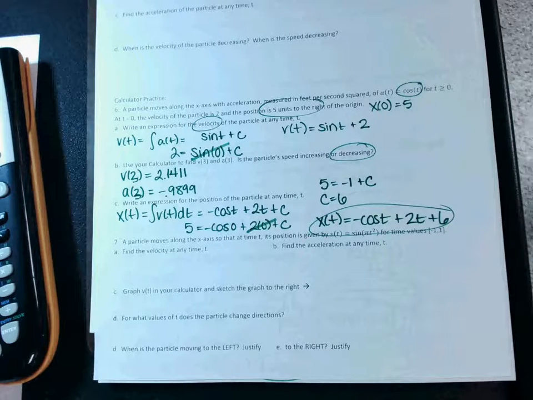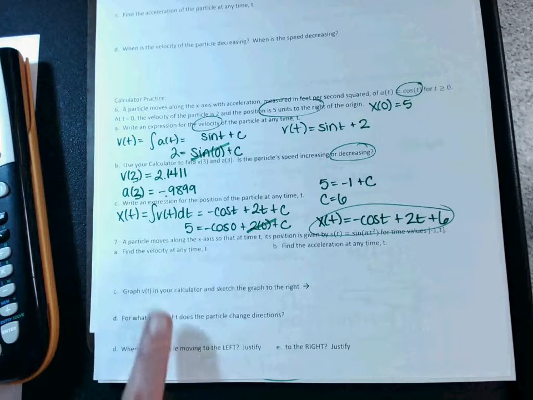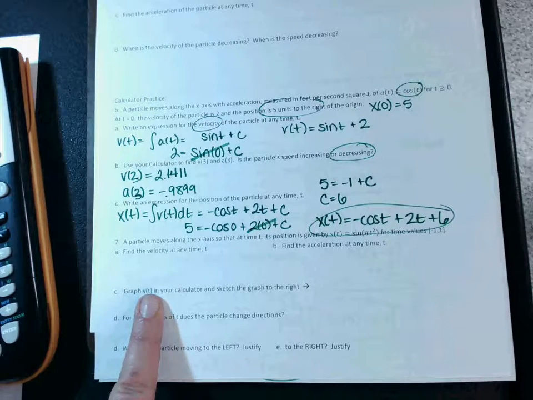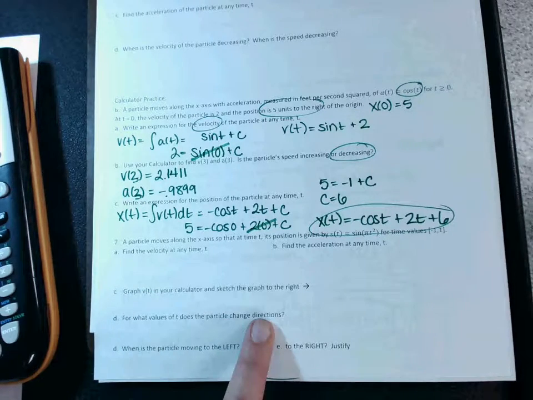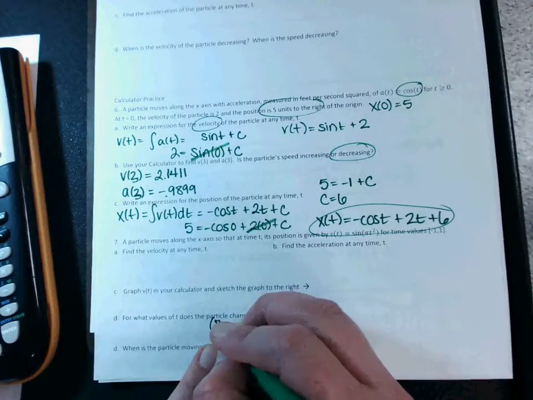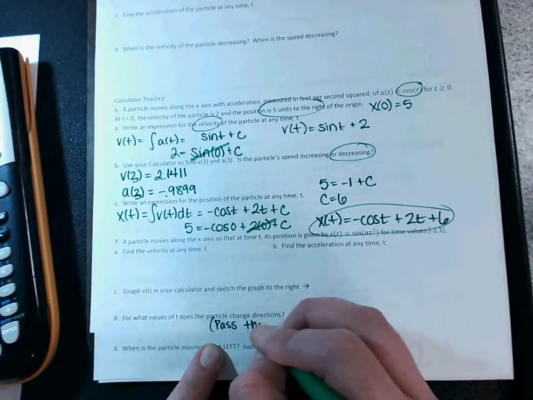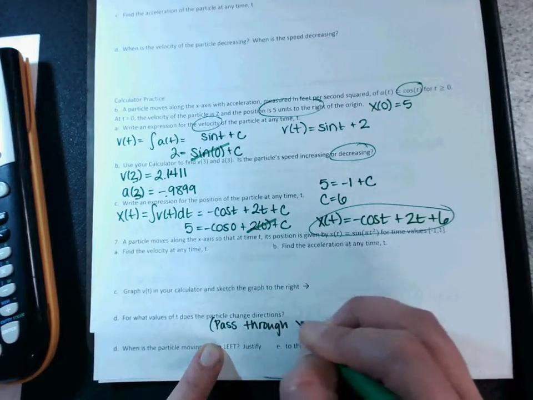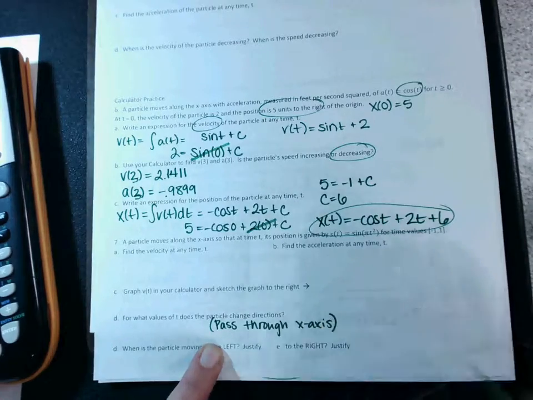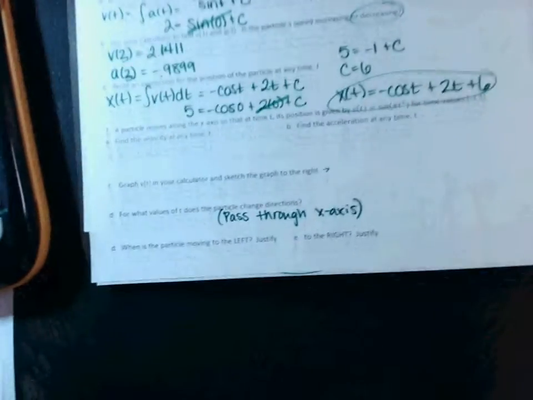We don't really have time to do the last one, but I just want to remind you, when you do a graph of v of t, how will you know when the particle changes direction? What will it have to do in the graph? It has to pass through the x-axis. And how will you know when it's traveling to the left?